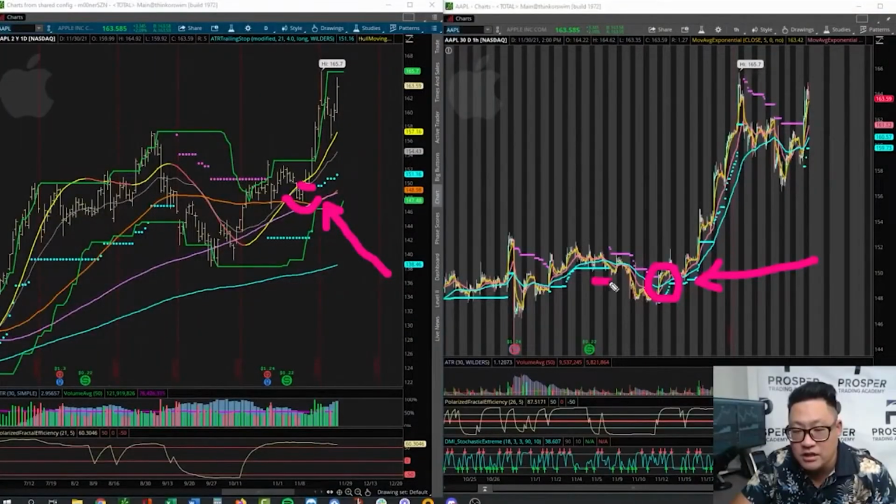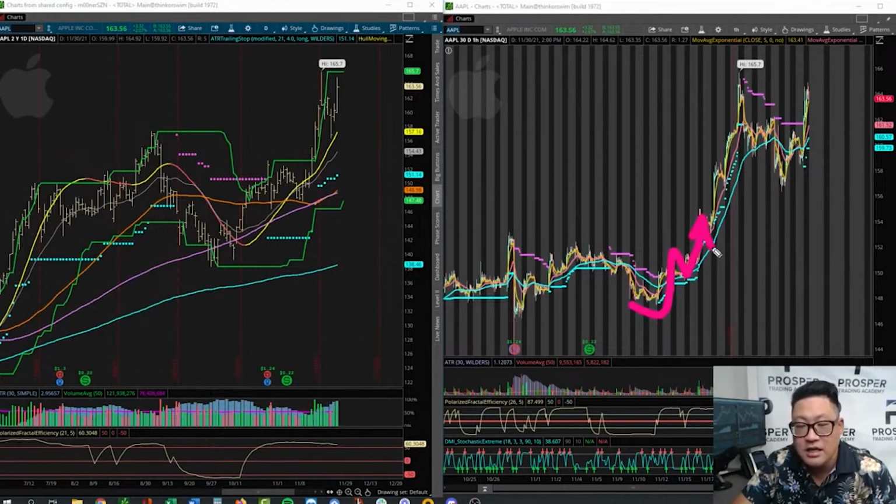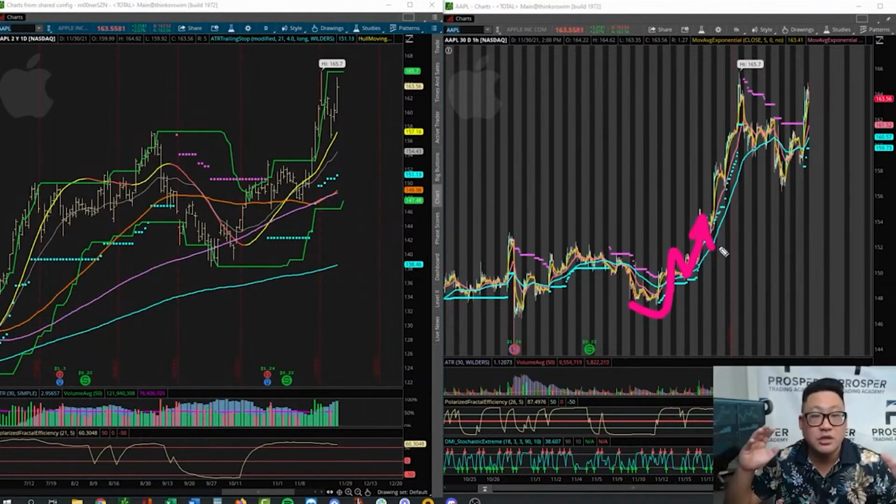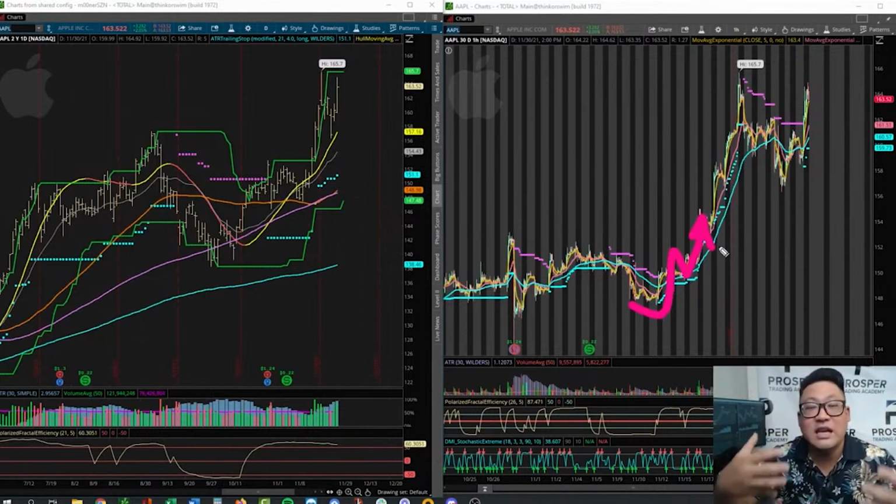Technical support at a very critical price level, the 50 simple moving average, and the crossover bullish sign that we saw after it crossed over and started to extend down. That crossover extending down hit that 50 simple moving average and caused the EMAs to cross back up, which is, again, bullish sentiment, right?